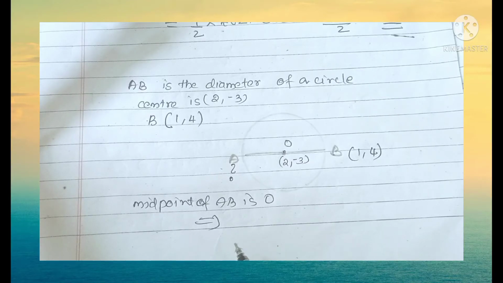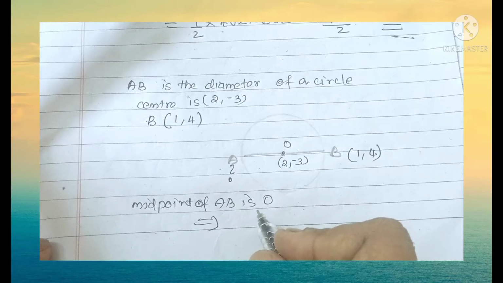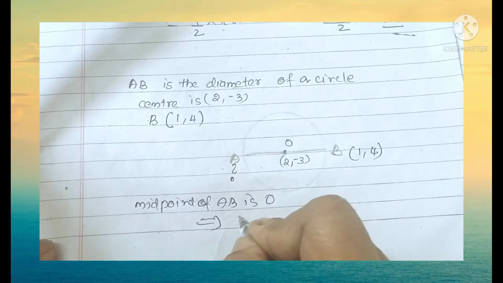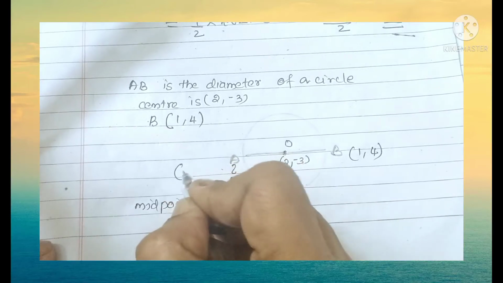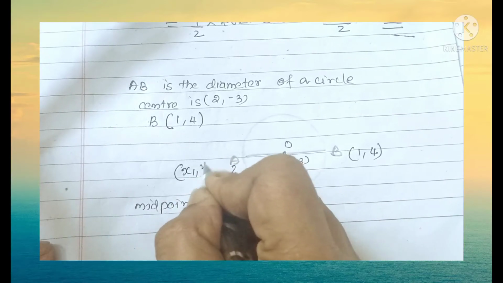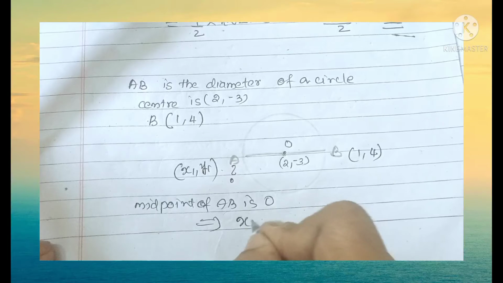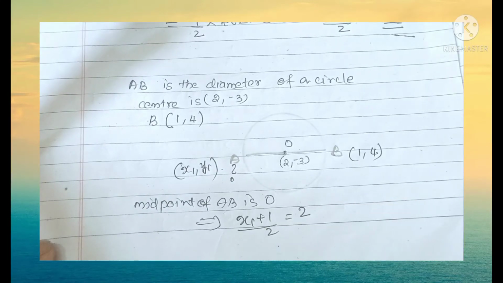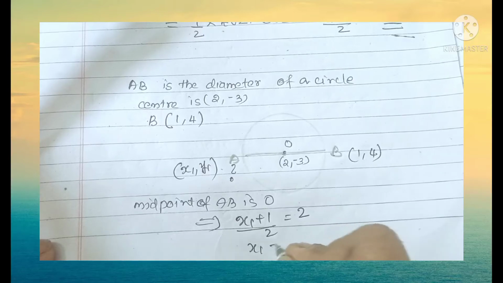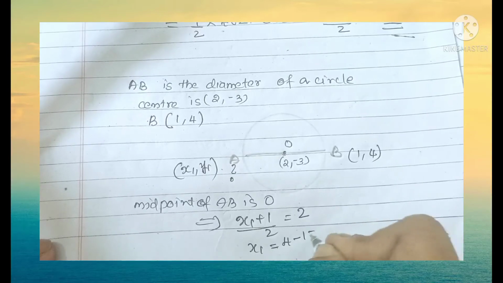That means how can we find the midpoint? Let A have coordinates x1 and y1. So (x1 plus 1) by 2 is equal to 2. Then x1 is equal to 4 minus 1 equal to 3.